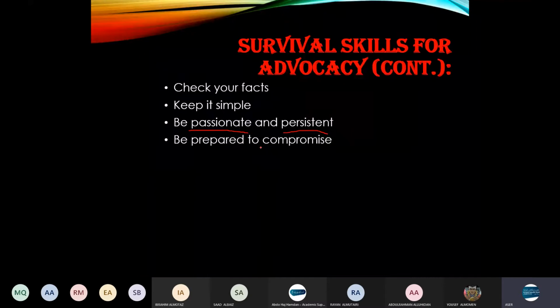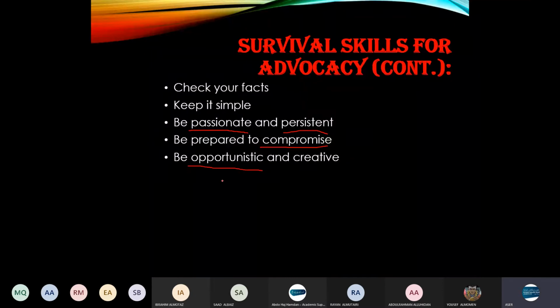Be prepared to compromise, meaning that once you start your campaign, you need to know that you are fighting for the whole community. So start once, twice, thrice, and be prepared for doing anything in the cause of your rightness campaign.